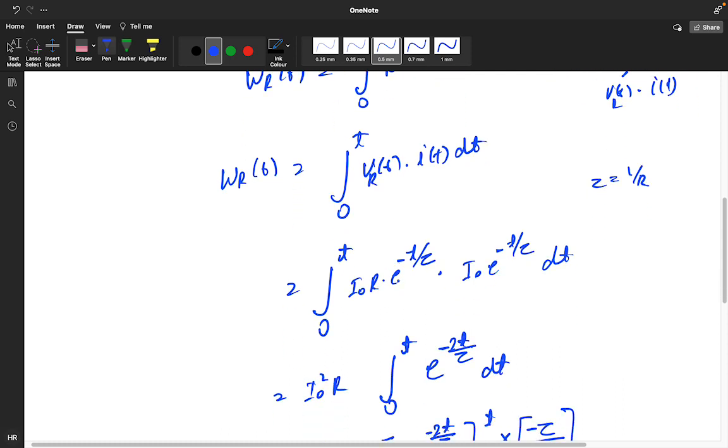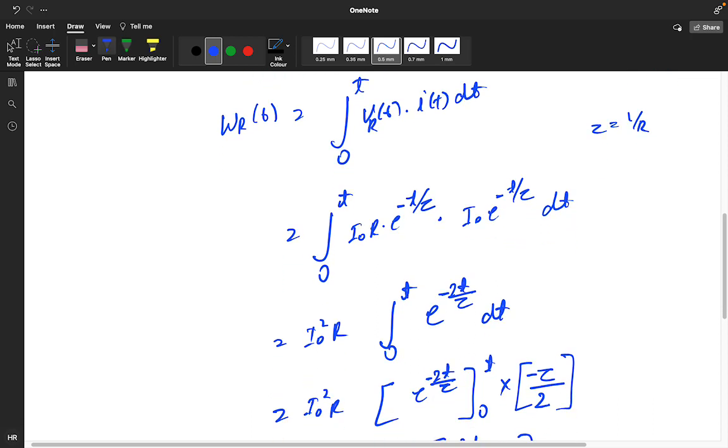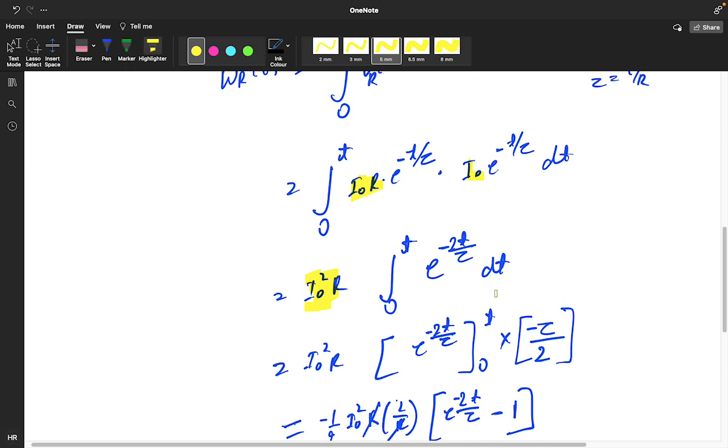I naught R e power minus t by tau, and I naught e power minus t by tau. These things are constant, so I am taking outside I naught square into R, integral 0 to t, and the exponents get added, so it becomes e power minus 2t by tau. Tau is L by R, as I told you initially.